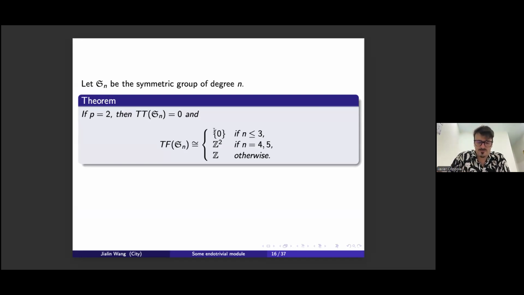I think I have something I was thinking, not a question, and you already said something about that. What happens with induction? You mentioned induction then, but are there some things that happen generally with induction, for example, induction and restriction and this endotriviality?